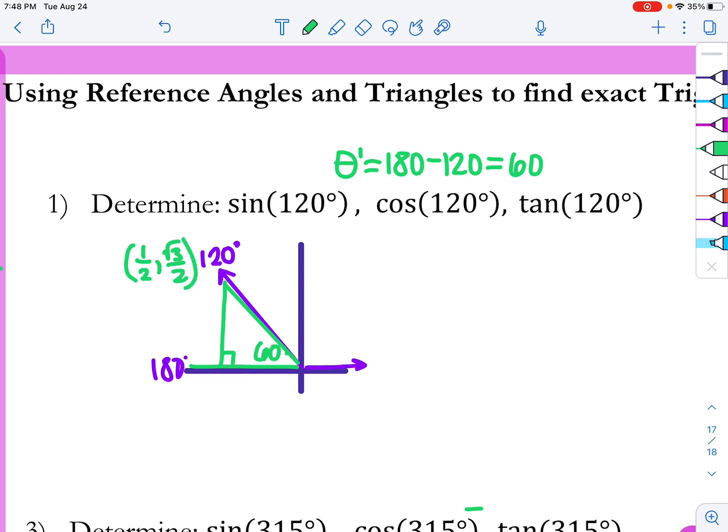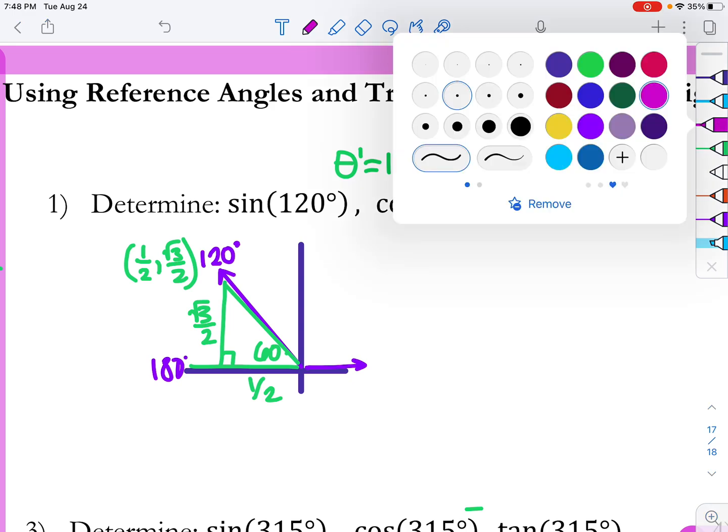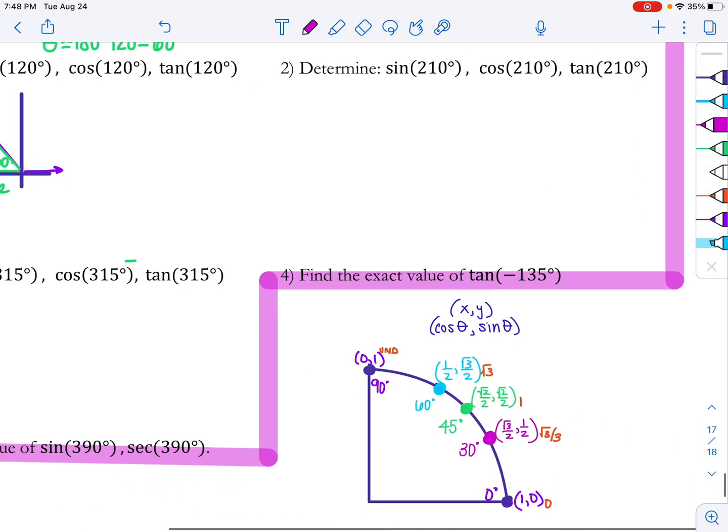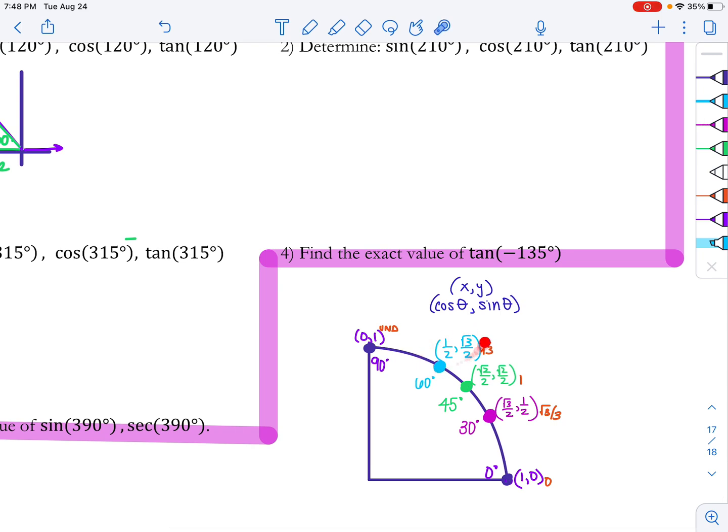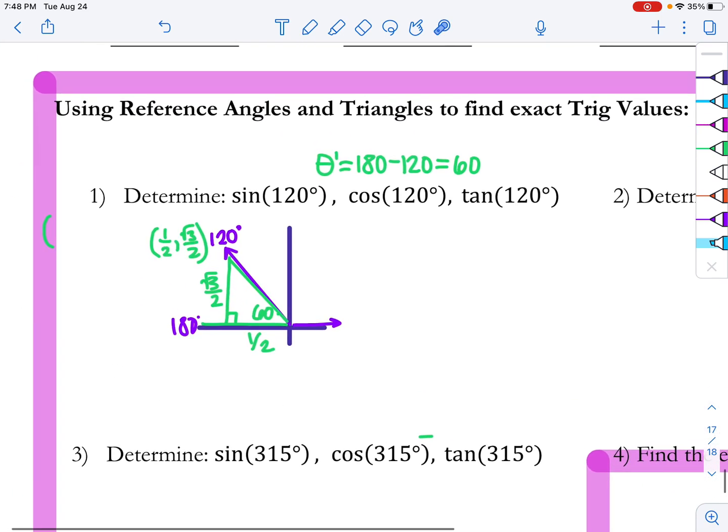However, so again, y and x, cosine and sine, the only thing we have to take into consideration is that we can't just copy the points over completely because we're not in the first quadrant, we're in the second quadrant. And the only thing that changes in the second quadrant is that x is negative. So we would put a negative in here for x because we know in the second quadrant, x is negative.